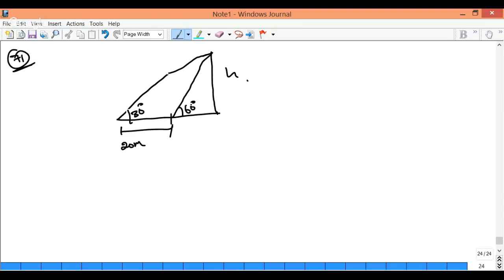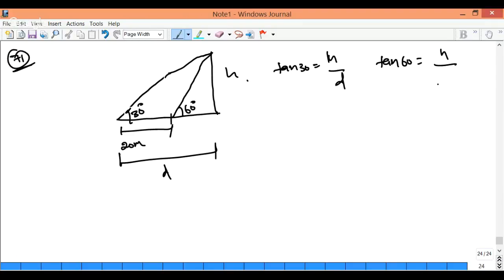Now what is he asking? He's asking the height of the tower. Now tan 30 is h by d. Let us consider this as total distance d, and tan 60 is equal to h by d minus 20. 1 by root 3 is equal to h by d.